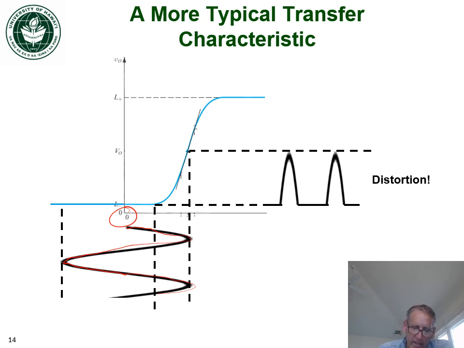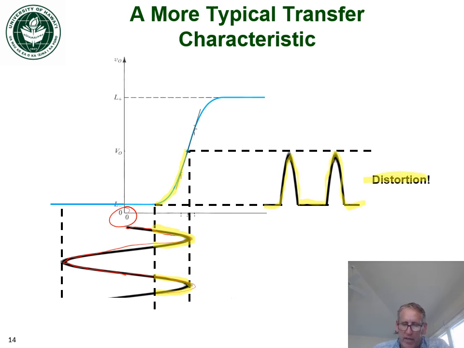Now, we're only going to get amplification in this region here, right? The only amplification is going to happen once the voltage starts to enter this region where we generate an output voltage. So we're going to get amplification there, and so the result is we get these little blips from our input.